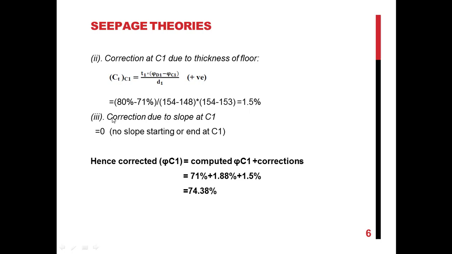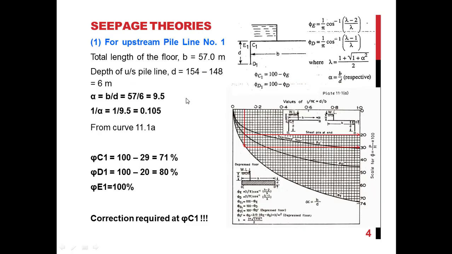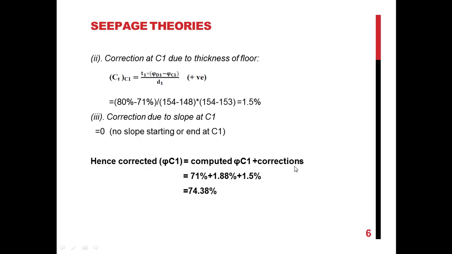Now in number 3 we will find the correction due to slope at C1, and the correction due to slope at C1 is equal to 0 since there is no slope at the starting or end of the C1 point. So hence corrected phi C1 is equal to computed phi C1 plus corrections. Computed phi C1 is equal to 71%, already found out.